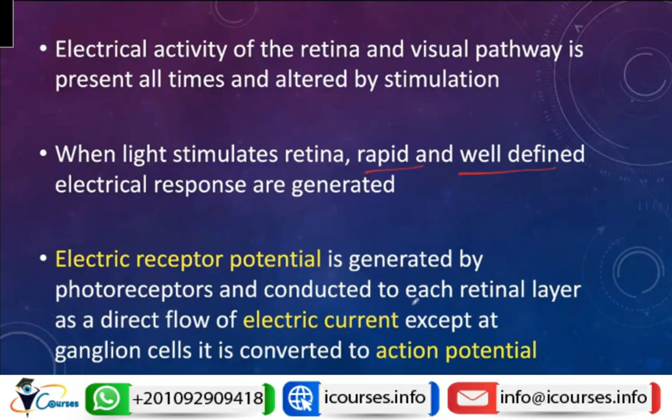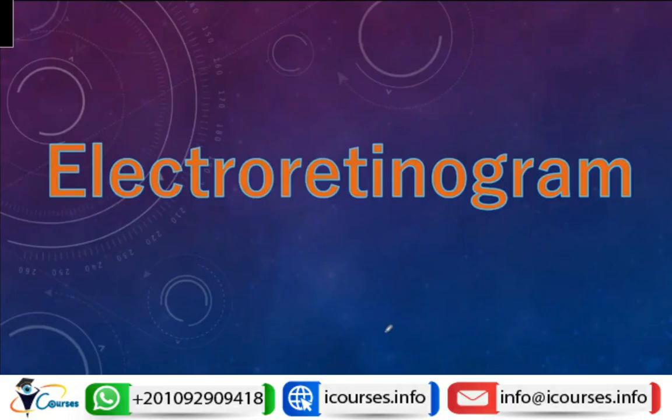Then it is conducted through the retinal layers as a direct flow of electrical current, except for the ganglion cells, which, as we said, respond to electrical stimulation with a full action potential. So this is the basis of the different electrophysiological devices, which measure the response from different retinal and even extraretinal layers. We'll start first by discussing the electroretinogram.